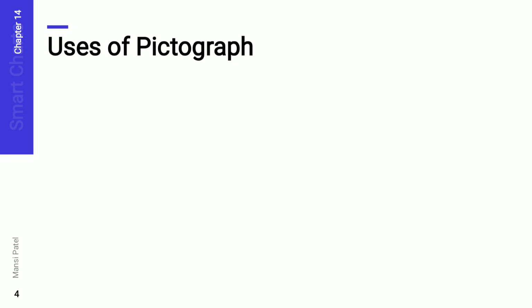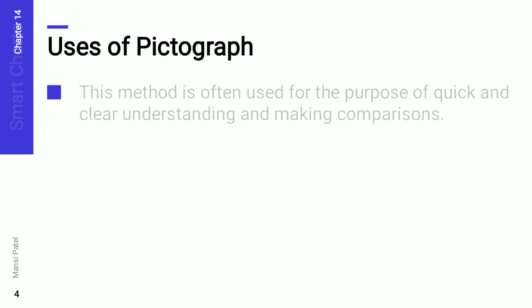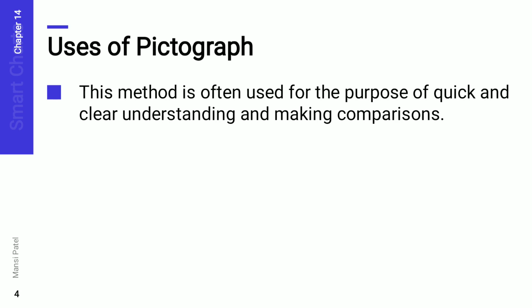Now, uses of pictograph. If you are collecting data and you draw some picture to represent it, then it is known as a pictograph. What are the uses of that pictograph? We can say that this method is often used for the purpose of quick and clear understanding. If you are just seeing numbers anywhere, it's quite difficult to remember them.